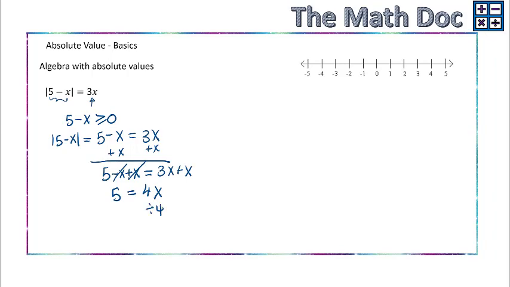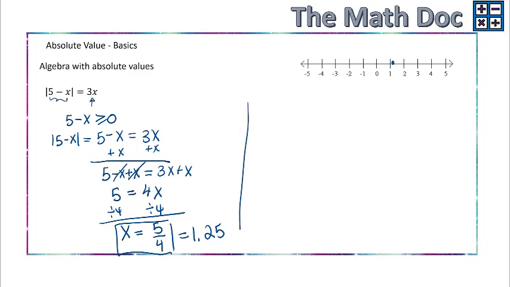We'll divide both sides by 4, and we're left with x equals 5 quarters, where I flipped the sides just so I can write the solution in that format. So we have x equals 5 quarters, which is also equal to 1.25, right? It's 1 plus a quarter.